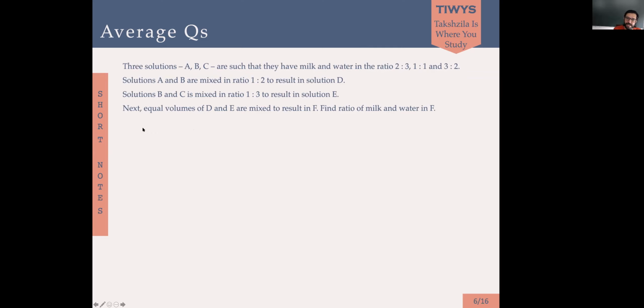Go ahead, read it on your own and try the shorter way. I've given you a hint. 3 mixings can be reduced to just 1. It will take a little time, so no pressure of time. I'll give you 2.5 minutes, comfortable.